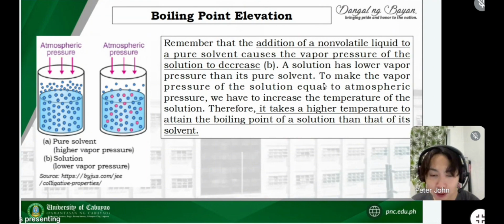To make the vapor pressure of a solution equal to atmospheric pressure, we have to increase the temperature of the solution. Therefore, it takes a higher temperature to attain the boiling point of the solution than that of its solvent. So, going back to our topic earlier, in the second picture, in the second glass, in an aqueous solution, once we add a solute in a given solution, the vapor pressure decreases.